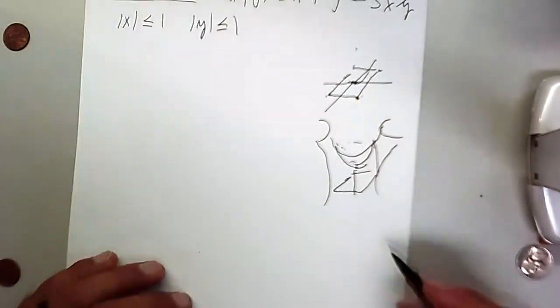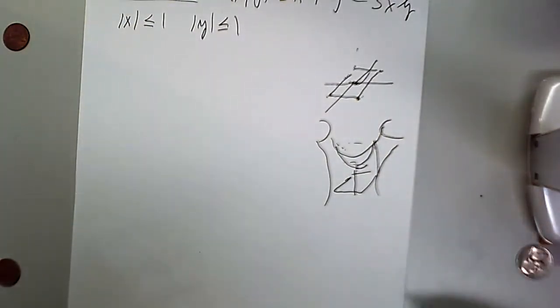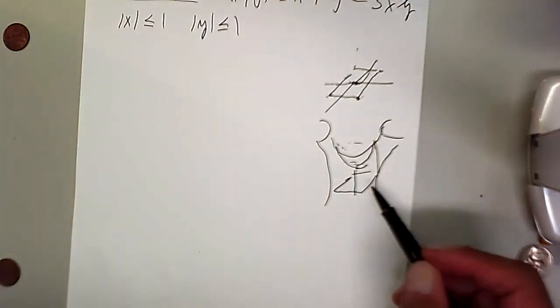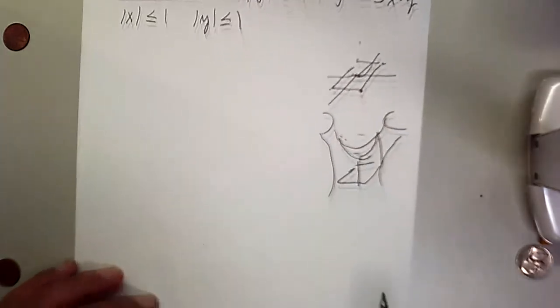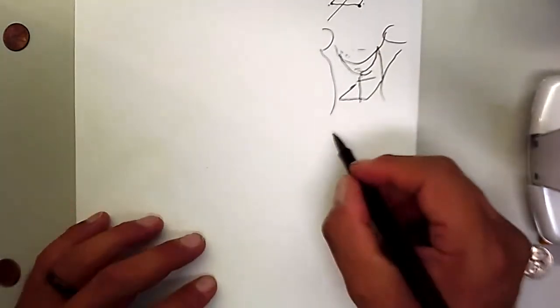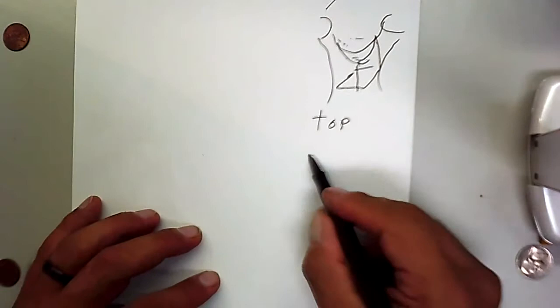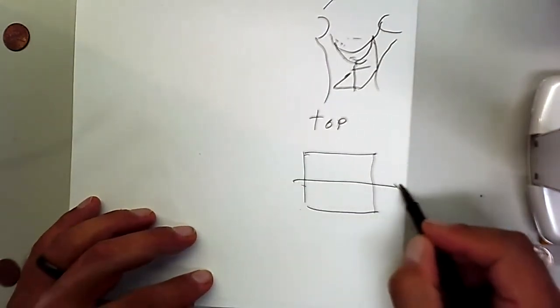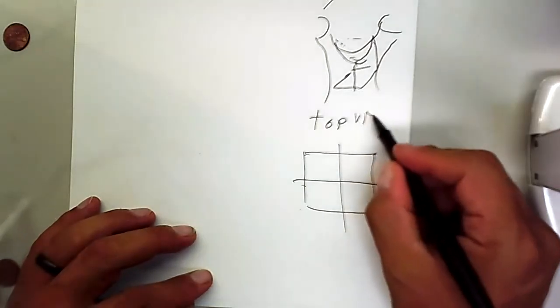So instead of a round pancake, pretend you have a square pancake, and then start lifting some of the ends and see what happens. Okay, so the top view of this is going to be a square. There's the x-axis, there's the y-axis, top view.